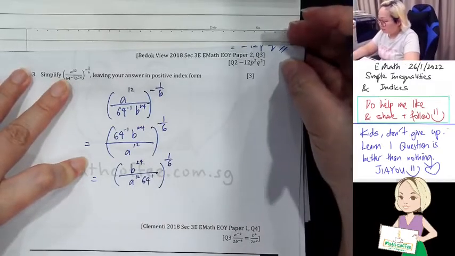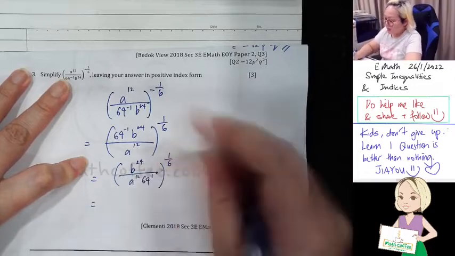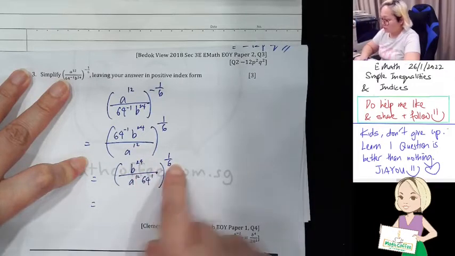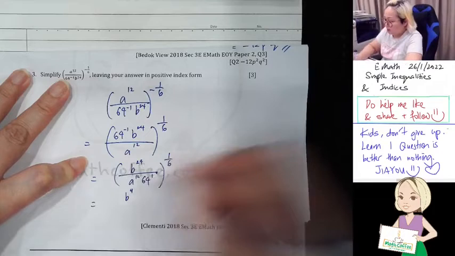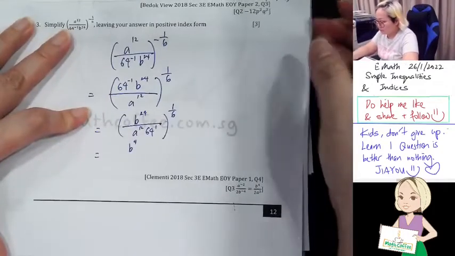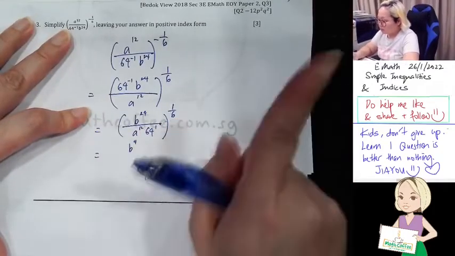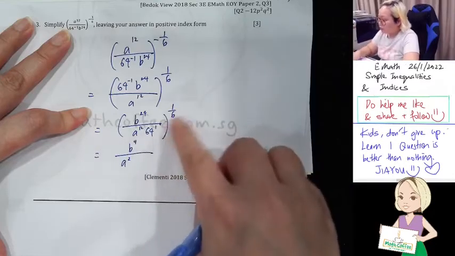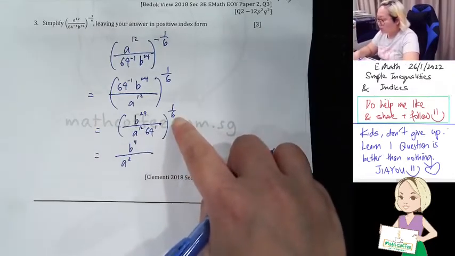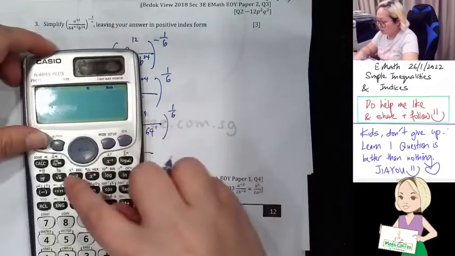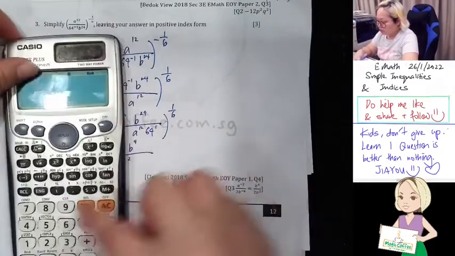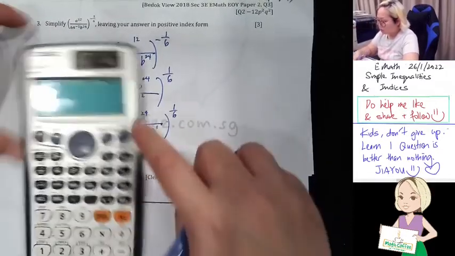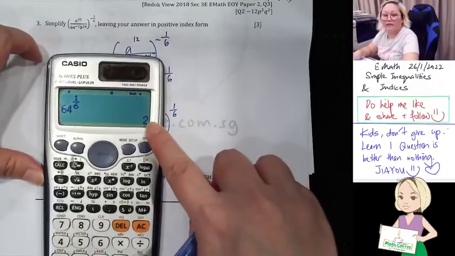Then, easy already. B24 times 16: 24 times 16 is 4, so it becomes B to the power of 4. 12 times 16 is 2, so it becomes A to the power of 2. 64 to the power of 16: if you press a calculator for the 6th root, or you put 64 to the power of 1 over 6, it will give you 2, because 2 to the power of 6 is 64.